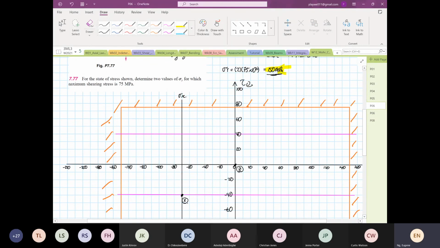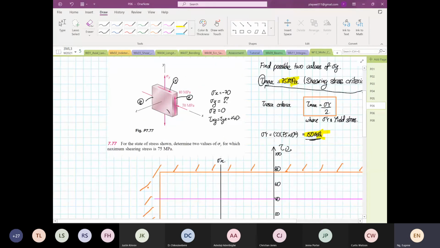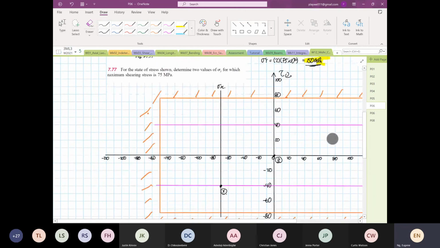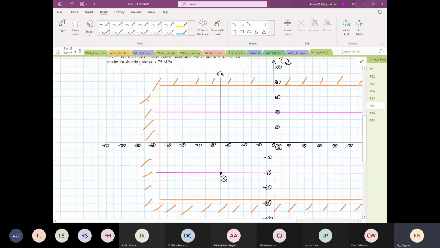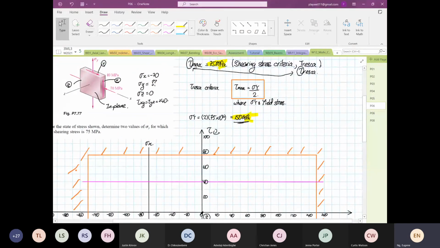But let's do the in plane first. So this is our in plane. The largest area, remember what I told you, is in plane. So let's look at our in plane first. We are given that X is over there, but we are also given tau max, which is 75.